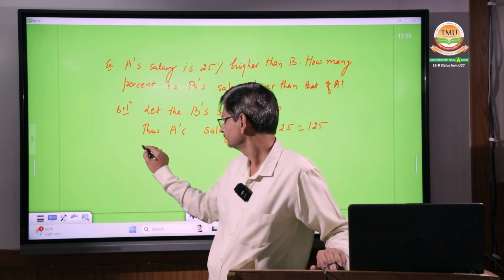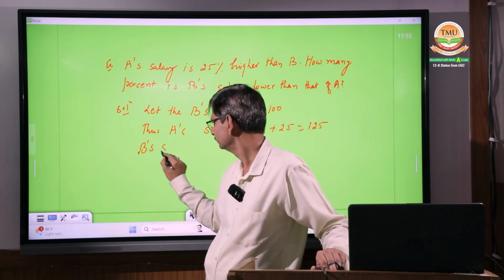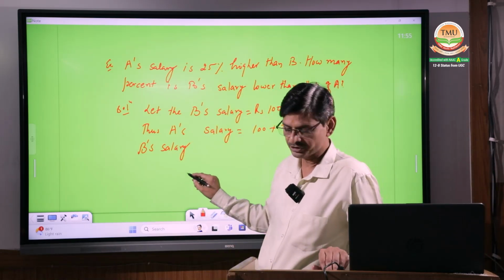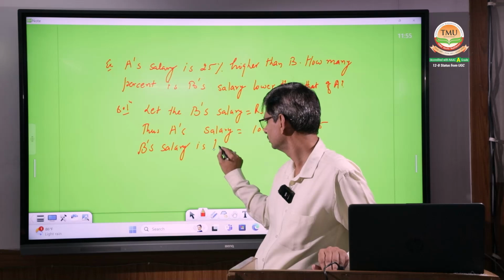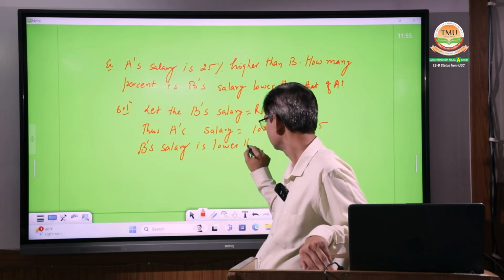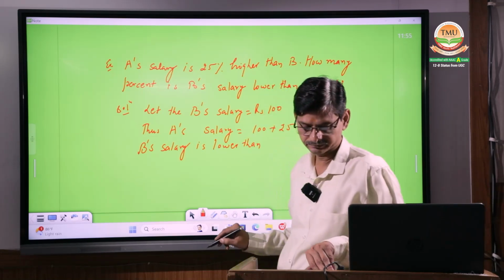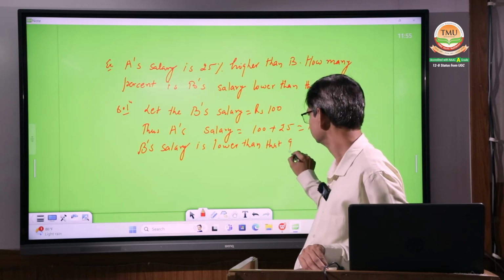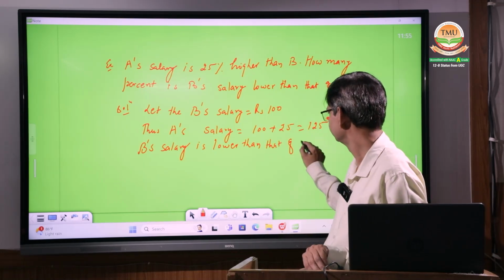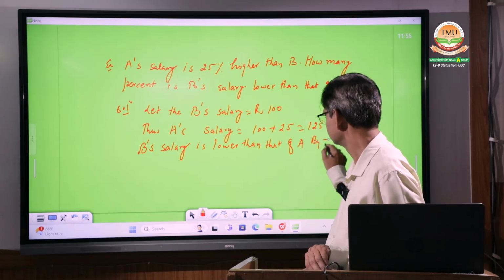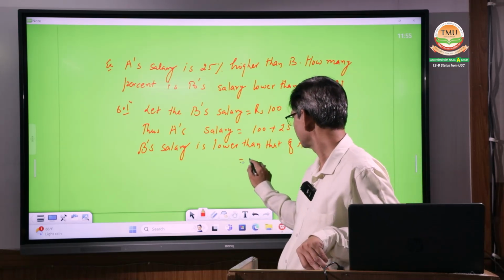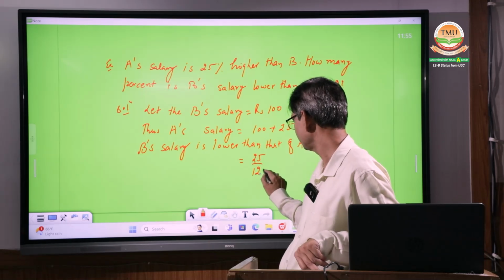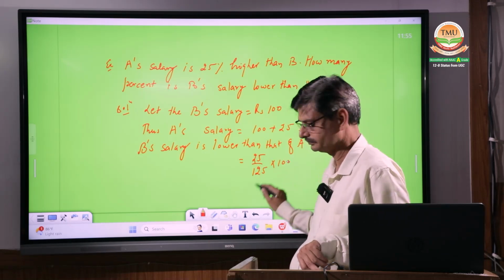B salary is lower than that of A by 25 upon 125 into 100.